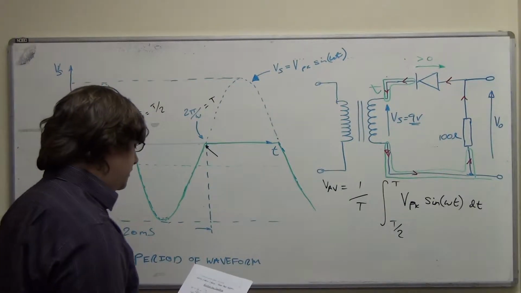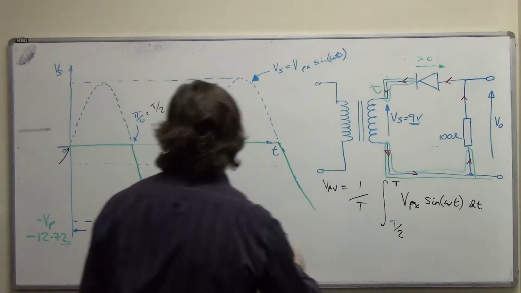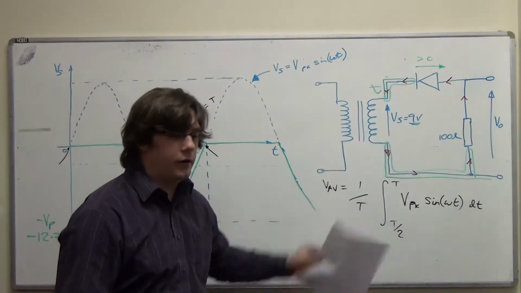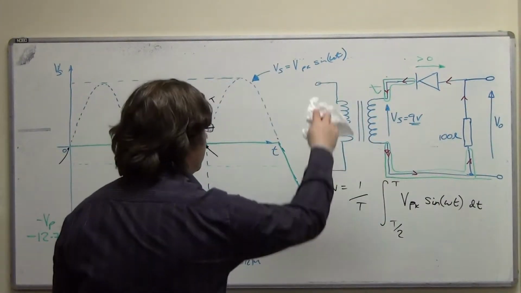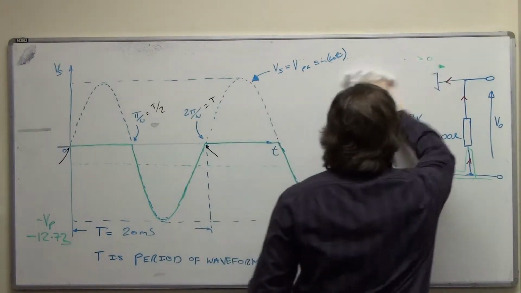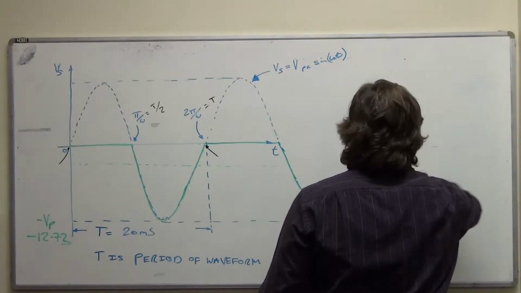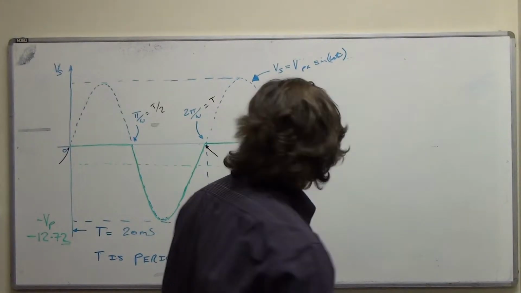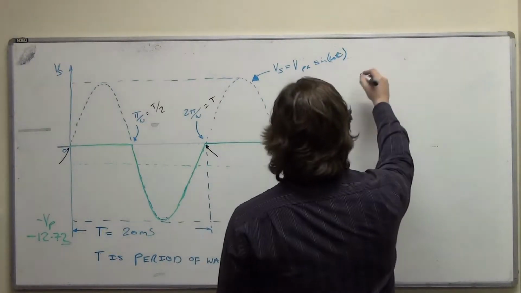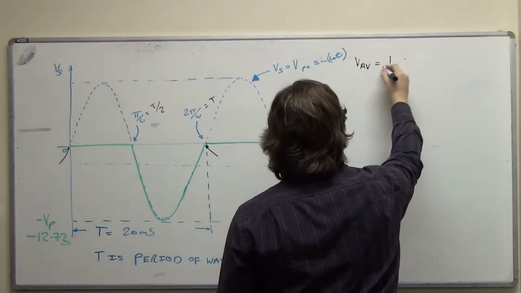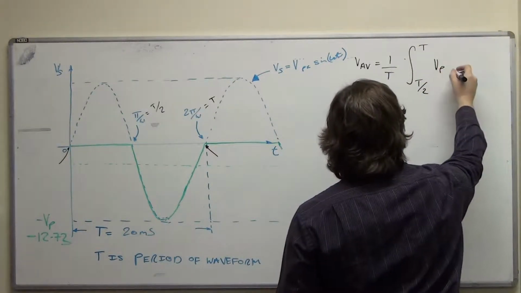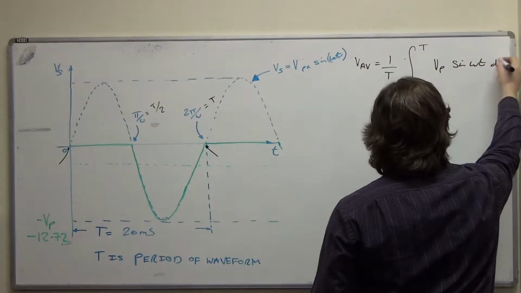The first thing we can do is sub in for T the actual values from the graph. I'm going to rub this out and write it up the top, so we've got a bit more room. So we had Vav is 1 upon T, integral from T upon 2 to T, Vp sine omega t dt.